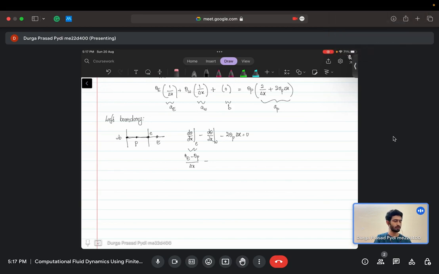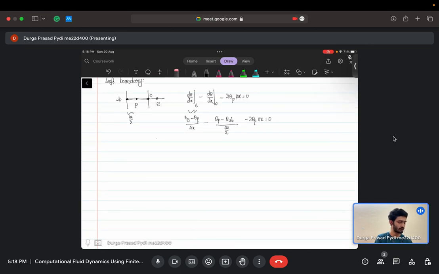That gives you theta p minus theta west boundary by, now the distance is delta x by 2, so we write delta x by 2, minus 2 times theta p delta x equals 0.